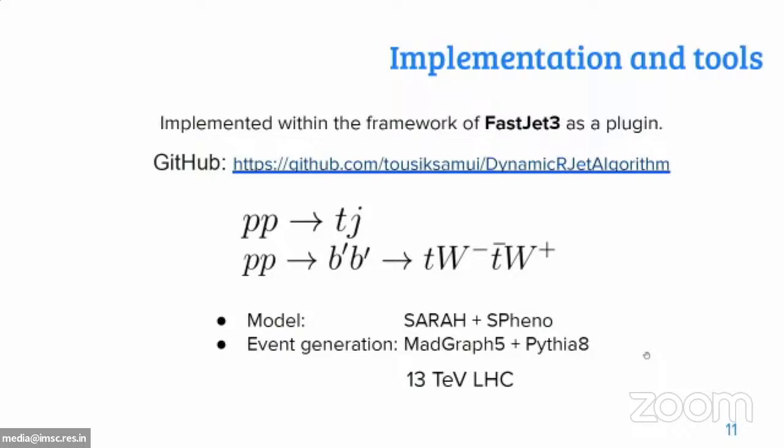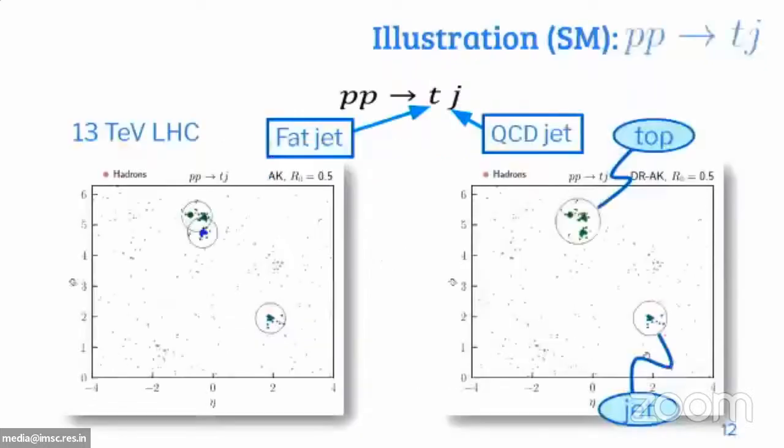Another example, which is not within the standard model, is where we incorporated a sequential model where a bottom partner has been introduced, and this heavy bottom partner decays to a top and W boson, where we can see the utility of our model. This has been implemented in model building, and then event generation has been done in MadGraph and Pythia. Those are technical.